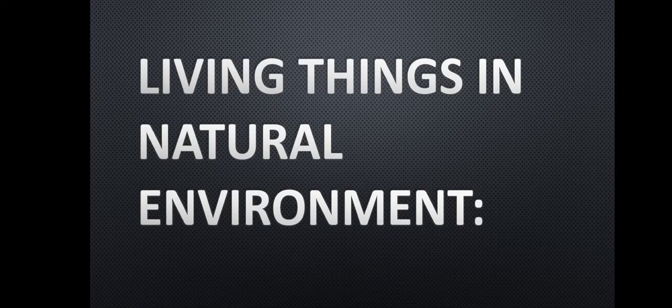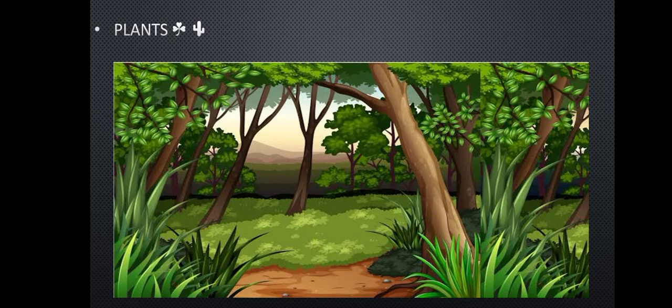Living things in natural environment. In natural environment, there are many kinds of plants and animals. The plants are the main component of our environment. Plants are the living things which give us oxygen and food.